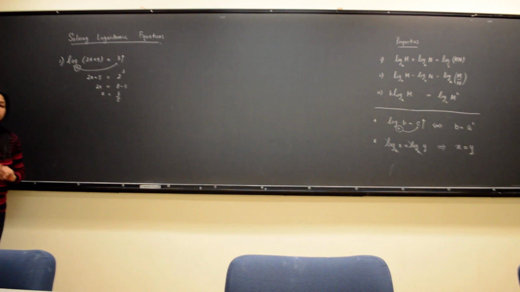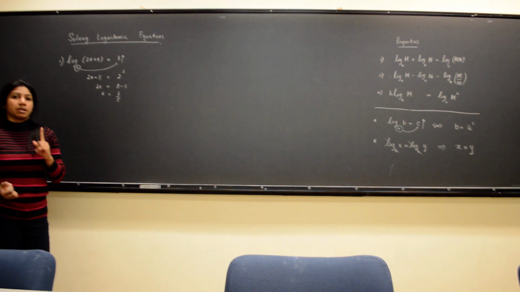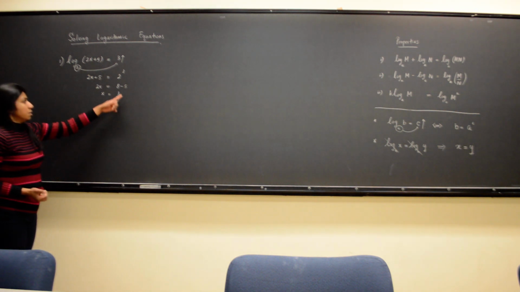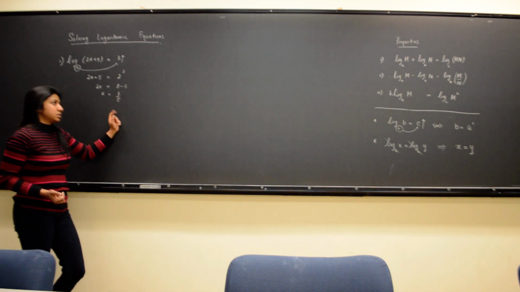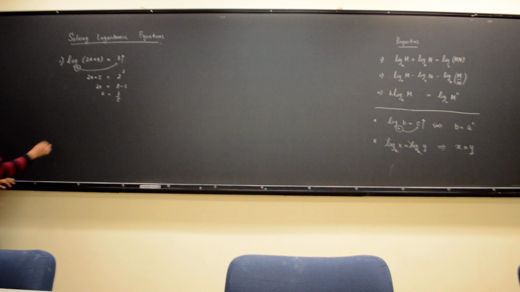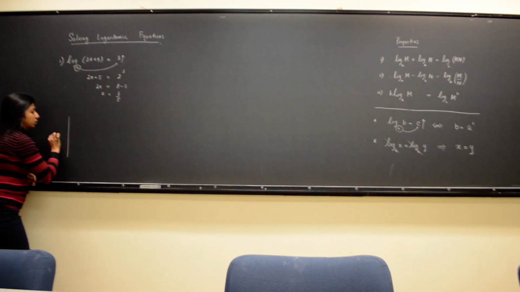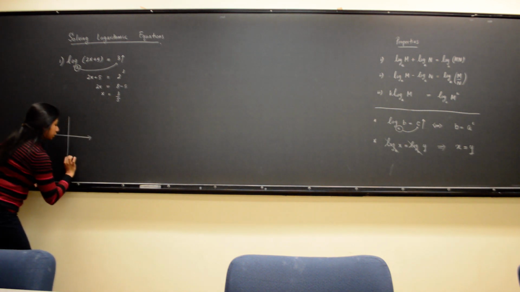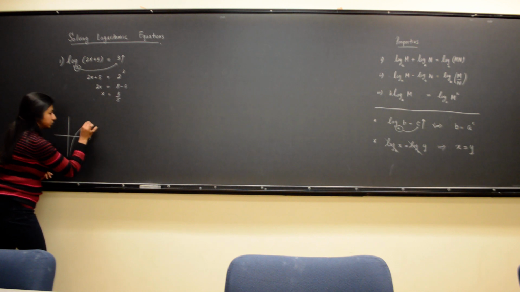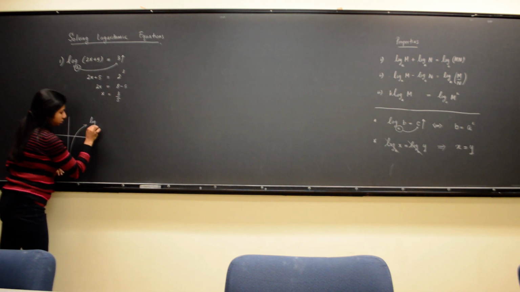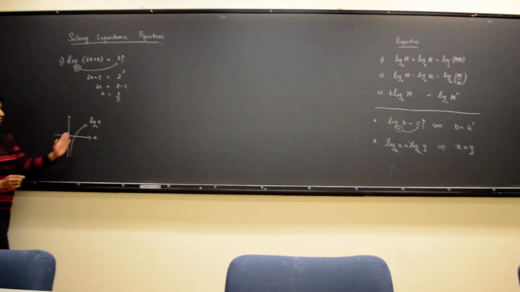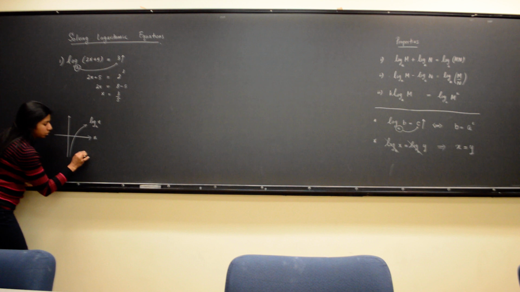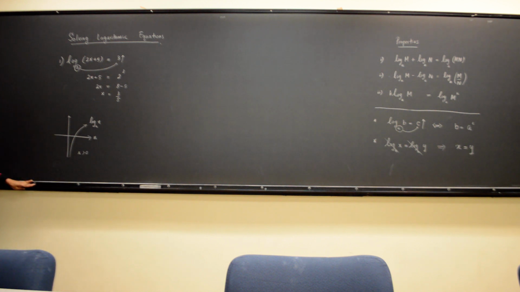But before accepting this answer, there's a very important thing you have to do, because I have to check whether this is an acceptable answer. What do I mean by that? If you remember the graph of the logarithmic function, the log function is defined only for x greater than 0.